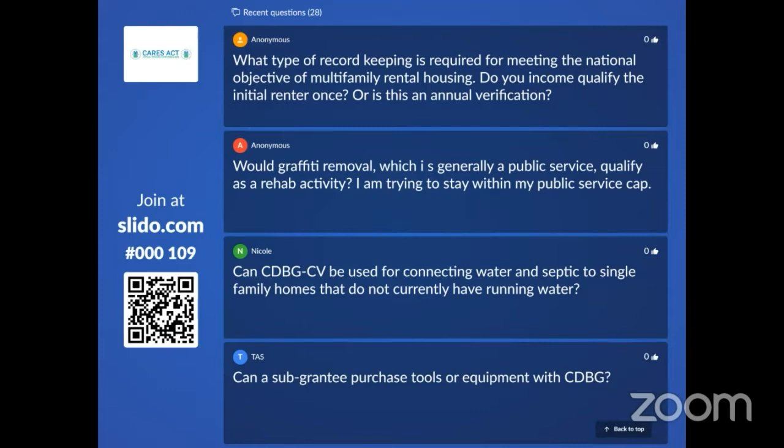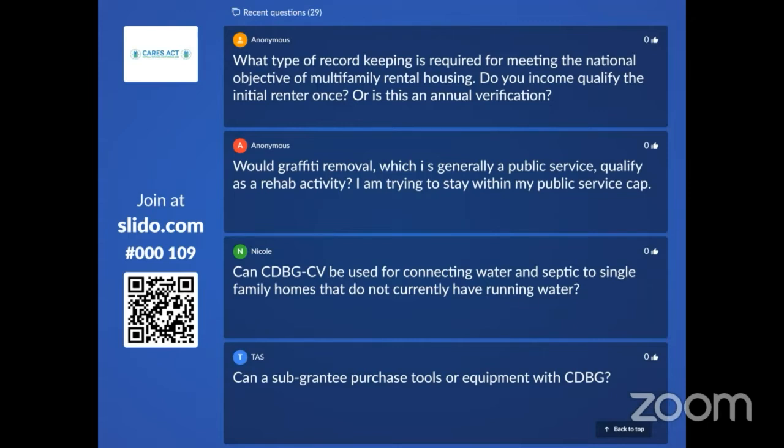That means that after the assistance has been provided and the families move in, they are required to ensure that 51% of them are low and moderate income households. After that, anyone can move in because the CDBG program does not have a provision for checking income every 6 months or every year like HOME does.